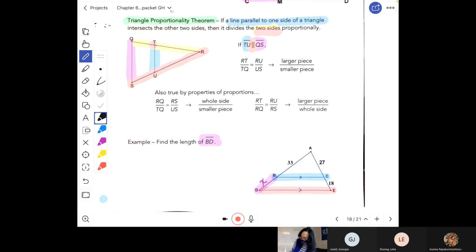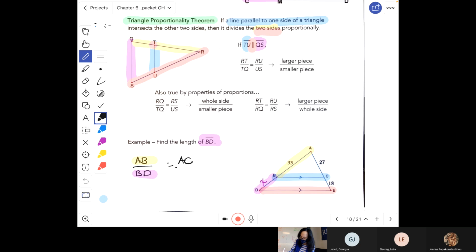I can see that AB over BD, so AB over this BD, which we are looking for, X, equals what?